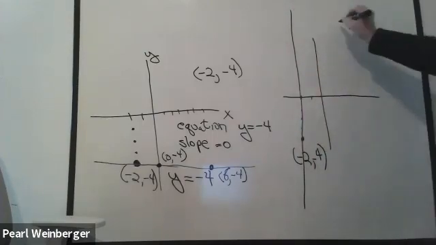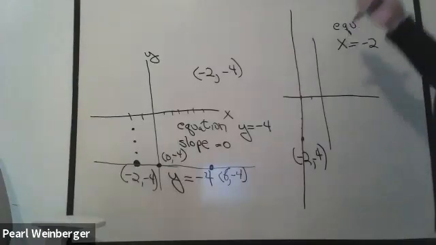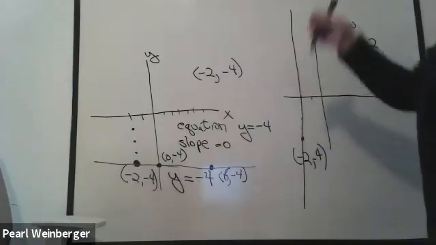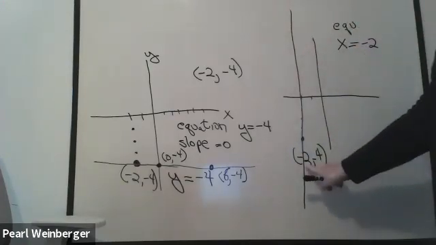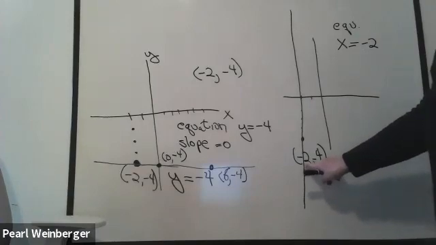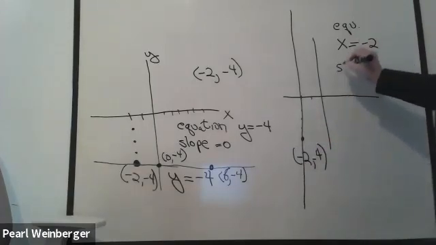What is the equation of that line? x equals -2. Perfect. It's x equals -2 because we know a vertical line has only an x. It has to be -2 because on the point it's -2.